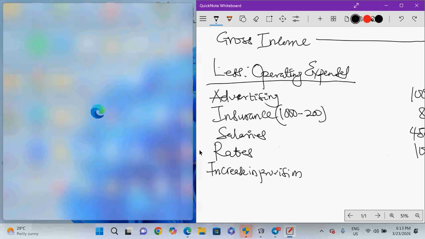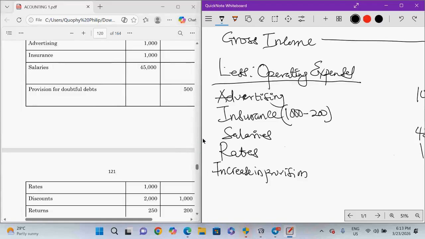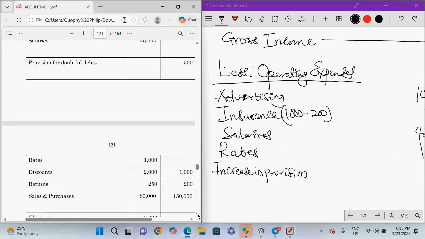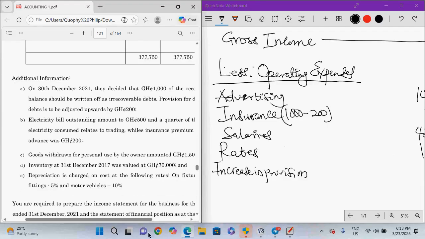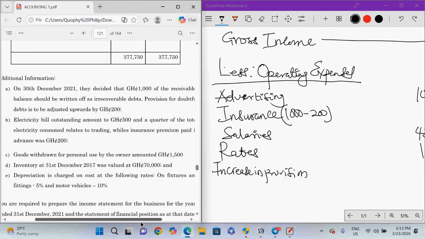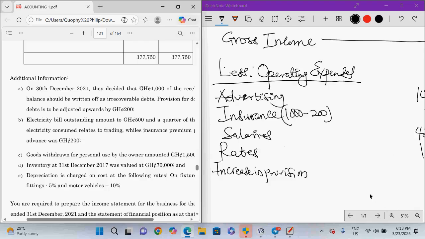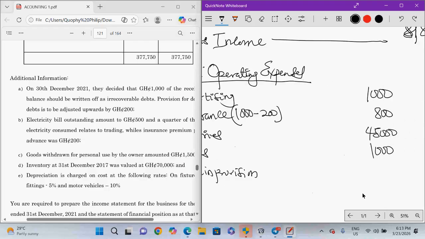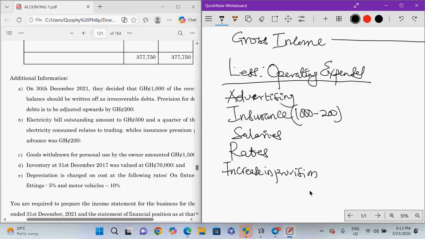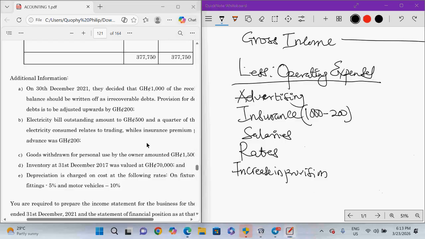Increase by 200, right? Check your rates in that. What else?